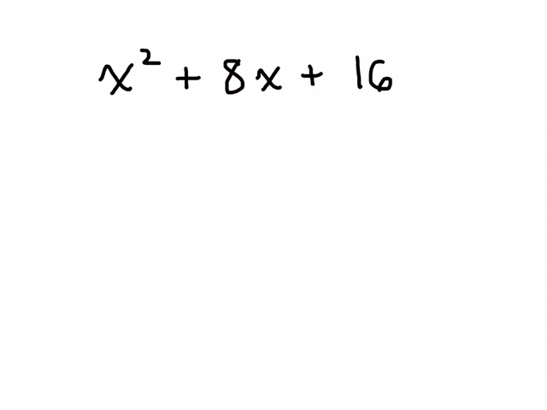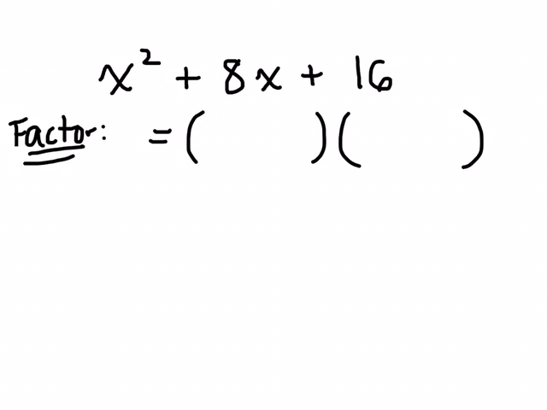As another review, how do I factor a perfect square trinomial? You're looking for 2 things that multiply together, right? Expanding is the opposite of factoring. So 2 things that multiply together to give me 1x squared.